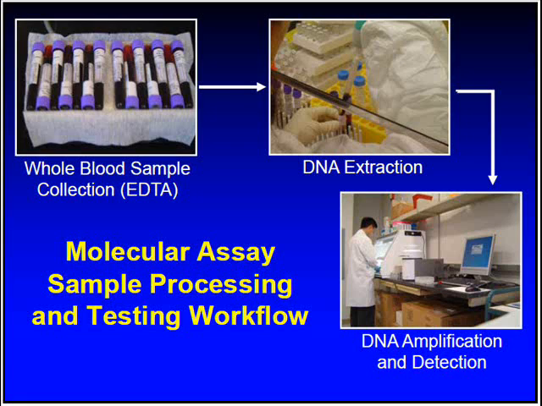The extracted DNA and detection mix, which consists of primers, DNA polymerases, and the fluorescently labeled probes and nucleotides, are loaded into a reaction tube for thermocycling and detection. With real-time PCR, the amount of amplicons, or the amplified target, is monitored at each cycle.